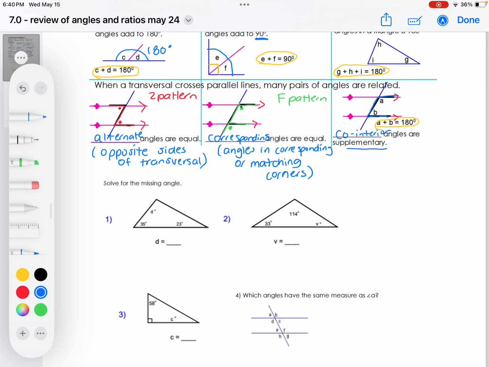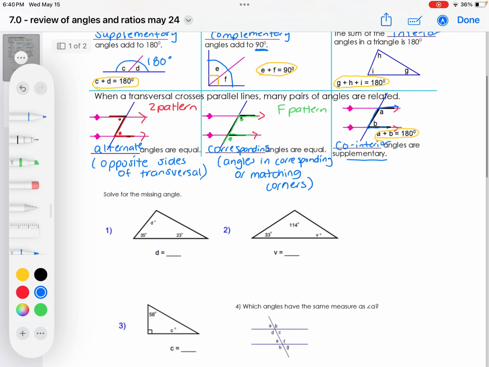Okay, so this first one, we have 35 degrees in the bottom left corner of the triangle. We have 23 degrees in the bottom right, and then it's asking us to solve for angle D in the top corner. So this is going to be the interior angles.